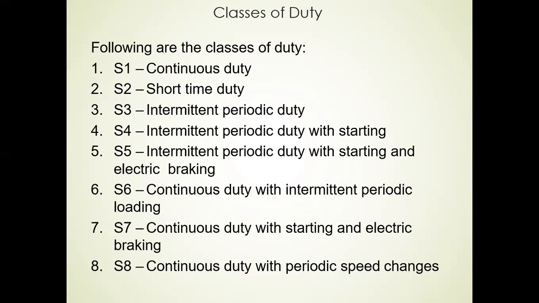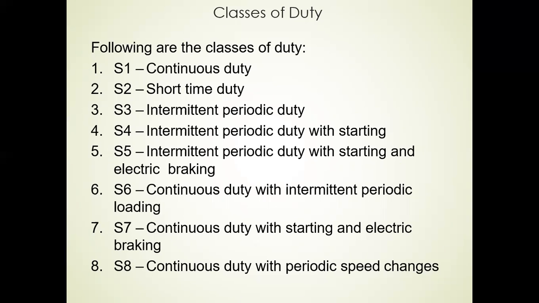Then S6 denotes continuous cyclic operation, that is intermittent periodic loading, which means cyclic operation. Next, S7 is continuous duty with starting and electric braking. S8 denotes continuous duty with periodic speed changes, that is related load speed characteristics.